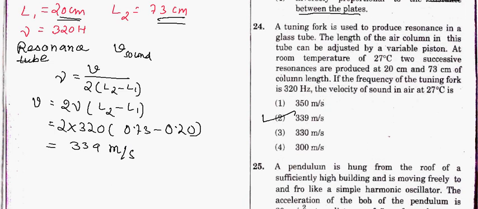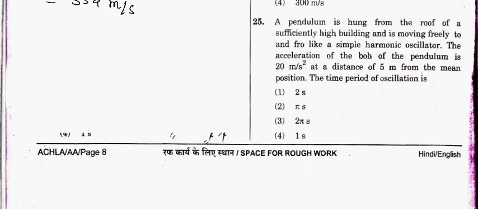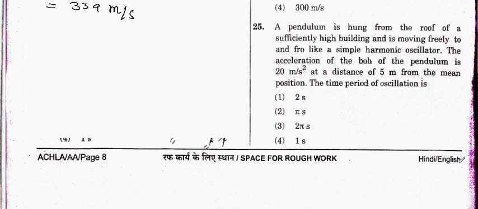Then you go to question number 25. A pendulum is hung from the roof of a sufficiently high building and is moving freely to and fro like a simple harmonic oscillator. The acceleration of the bob of the pendulum is 20 meter per second square at a distance of 5 meter from the mean position. So it's a very simple question of simple harmonic motion.